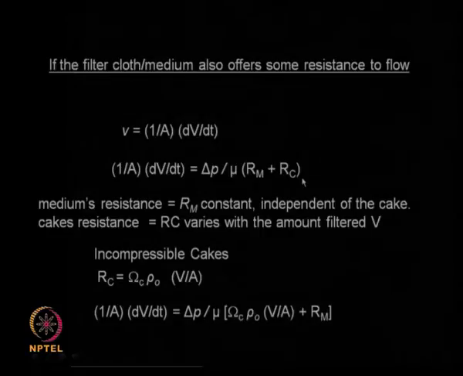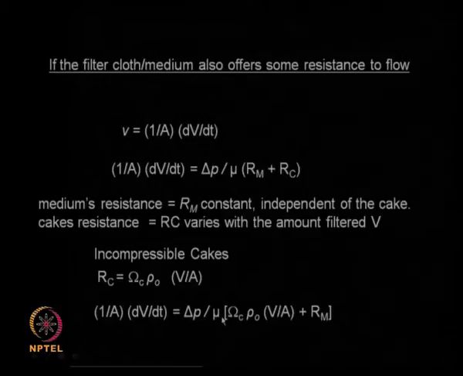If you take an incompressible cake, okay, this term will not have a delta P raised to the power S like we saw before. So by introducing all these into your velocity equation, you are going to have 1 by A dV by dt equal to delta P divided by mu (sigma C rho naught V by A plus Rm).